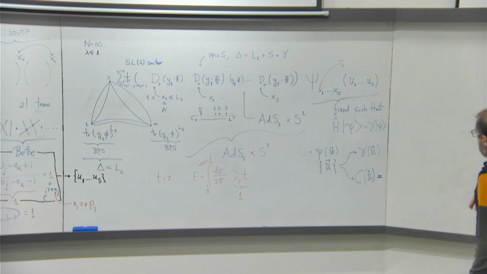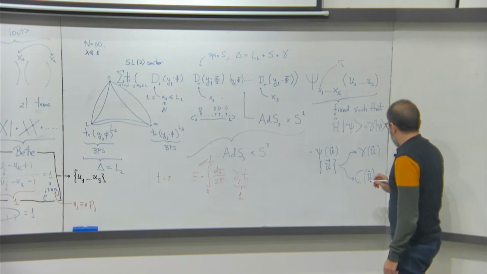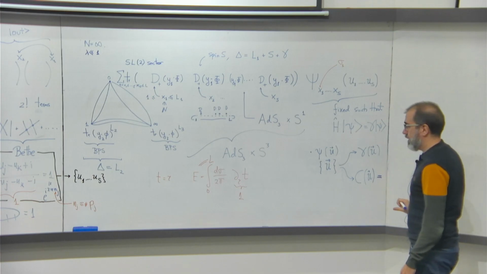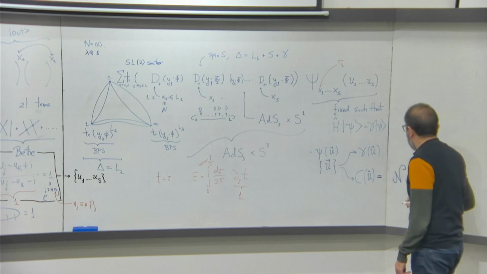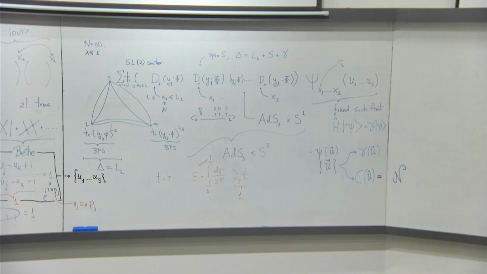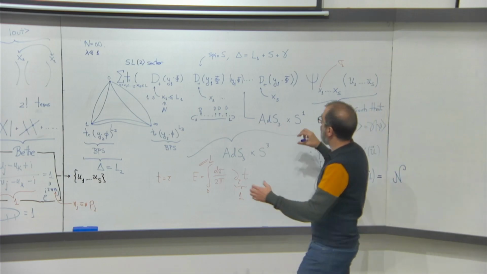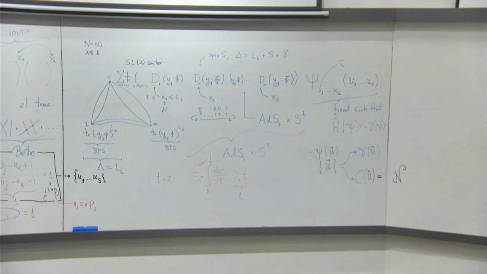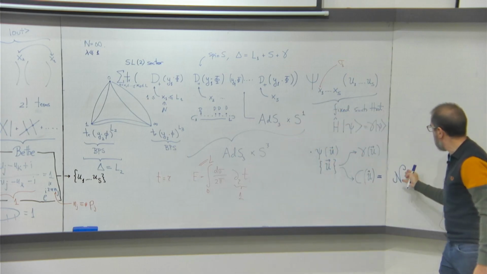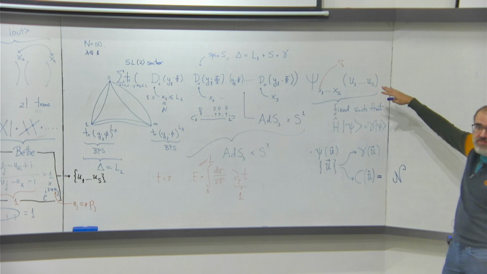So let me write what this is. It's given by some normalization. And of course, I can normalize the 2-point function to be 1, then it makes sense to talk about the 3-point function. So that normalization, for example, includes the norm of the state.